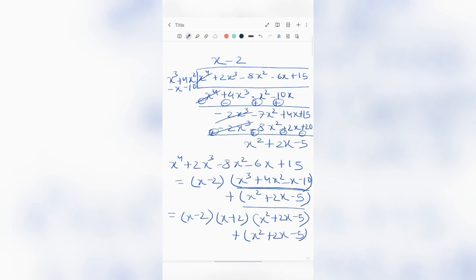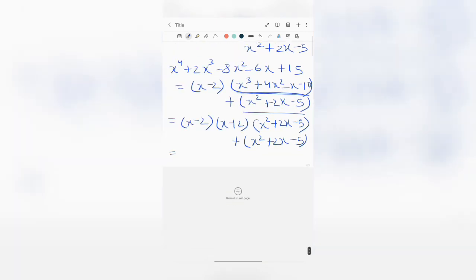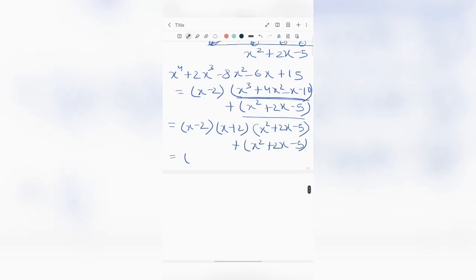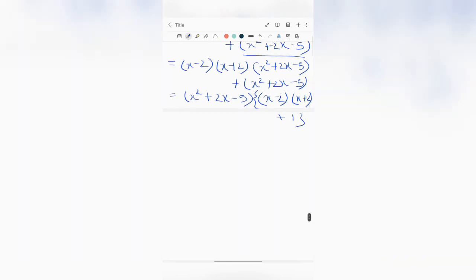If we take the common part, x square plus 2x minus 5, the other factor is x square minus 4 plus 1, so x square minus 3.